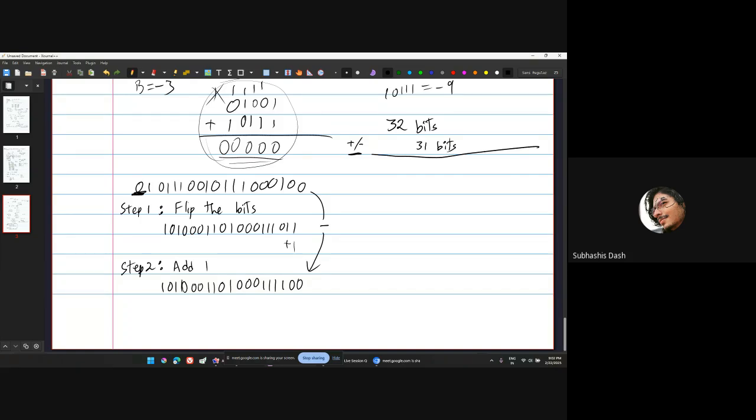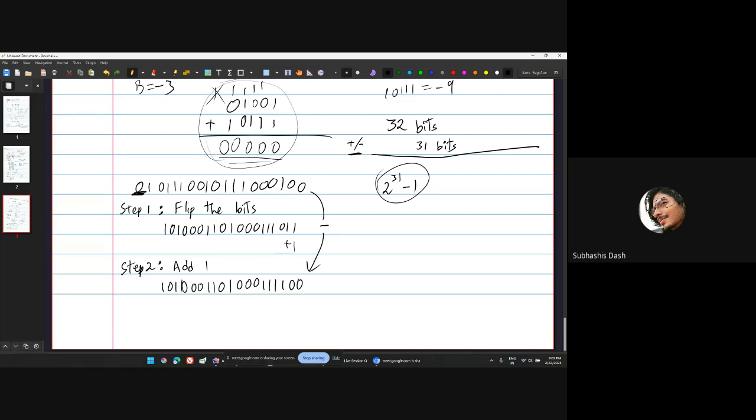With this information, what's the biggest positive number you can get? Two raised to 31 minus 1. That is correct. Gohar also mentioned the correct answer. Good job, both of you. The biggest number that we can get is 2 to the power 31 minus 1.